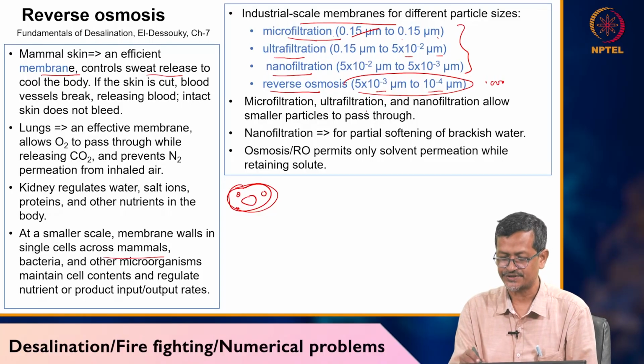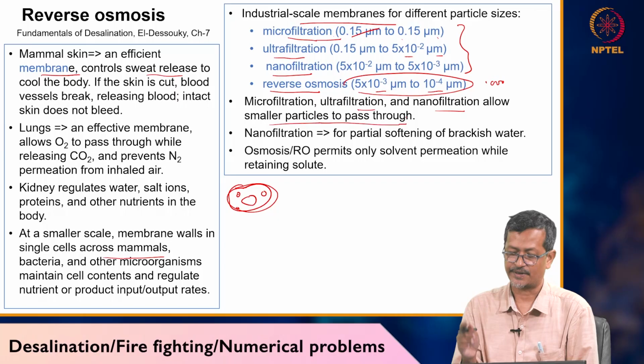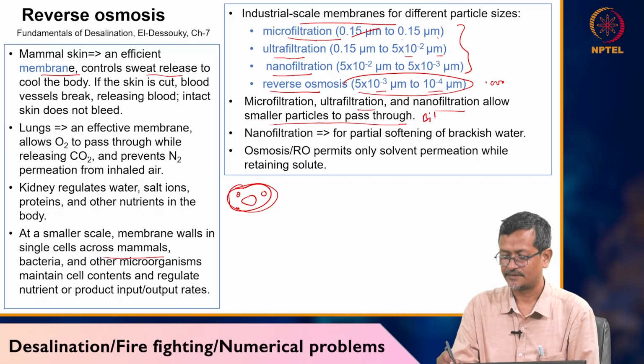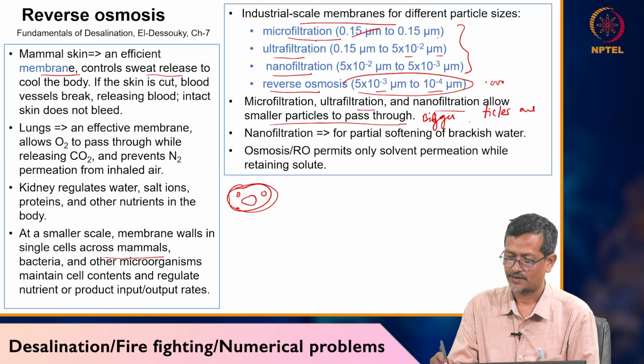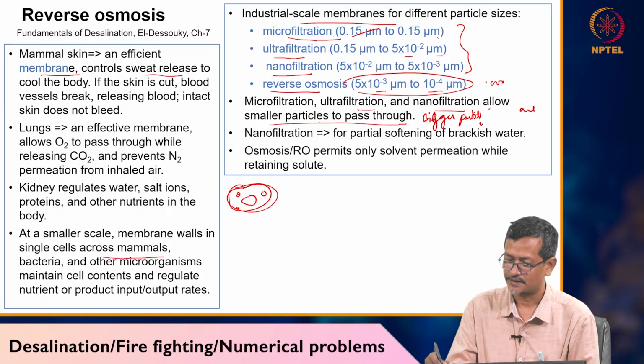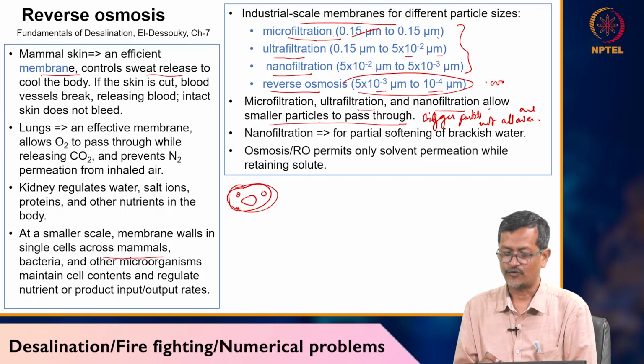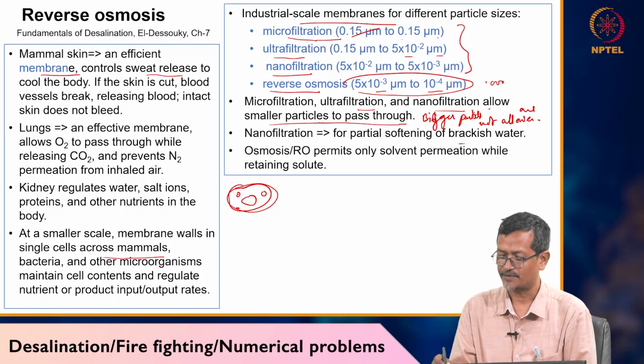So microfiltration, ultrafiltration, and nanofiltration allow smaller particles to pass through, but bigger particles are not allowed.